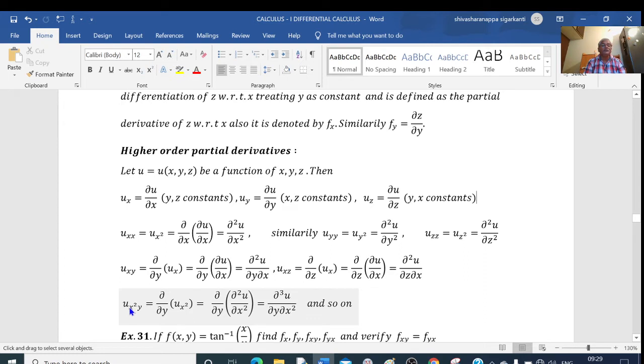If I write ux square y, the meaning of this is differentiate ux square partially with respect to y. That is nothing but dou by dou y of dou square u by dou x square, and this can be denoted as dou 3u by dou y dou x square, and so on.